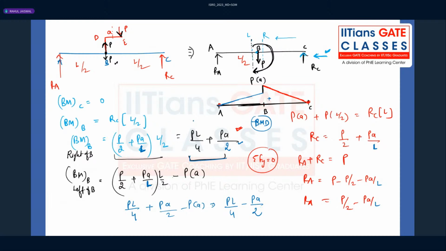So out of these two, this is the maximum value. Is that clear, all of you? Can I move to the next question?